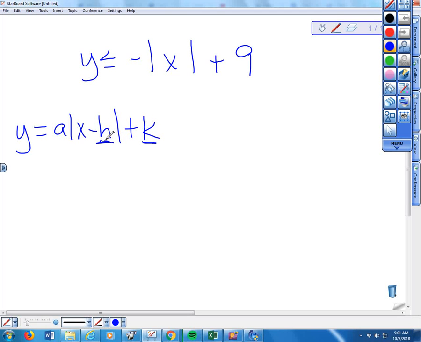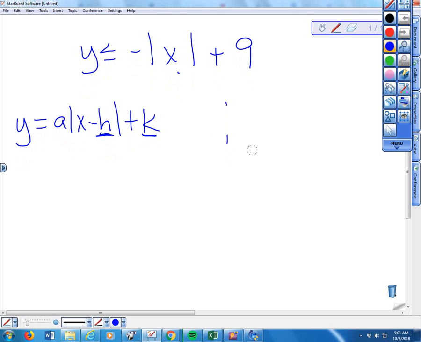So to get this in that form, a is negative 1. So I can just write a negative. It's x minus 0, because there's no other number in there, plus 9. So my vertex happens to be 0, 9. What does the negative tell me?